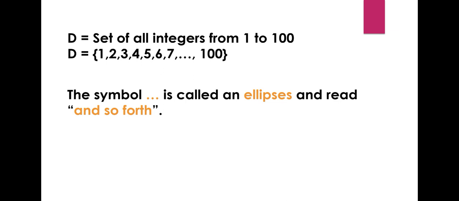So, pwedeng gawin nyo na lang, maglagay kayo ng ilang numbers, pwedeng 1 to 3 lang or 1 to 4, and then gamit kayo ng tatlong sunod na dot na tinatawag natin yung symbol na yon as ellipsis, and binabasa natin siya as and so forth. So, maririnig nyo dati sa mga math teachers nyo pag sinabi and so on, so forth. So, ibig sabihin nun ay ellipsis.